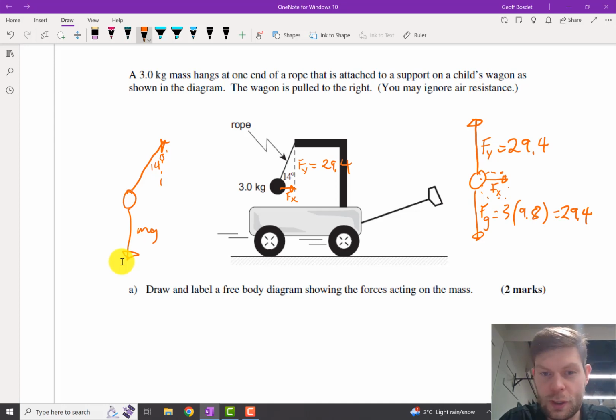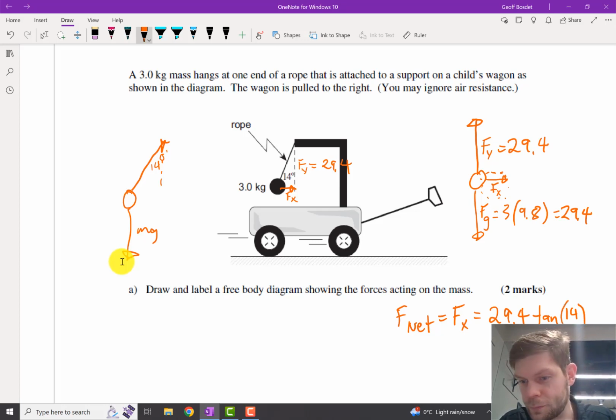So we just say, hey, our net force is equal to our x component of our tension force, which is equal to the y component, 29.4, times tan of 14. And that'll give you the net force. I don't know what this is offhand. I guess I can calculate it.